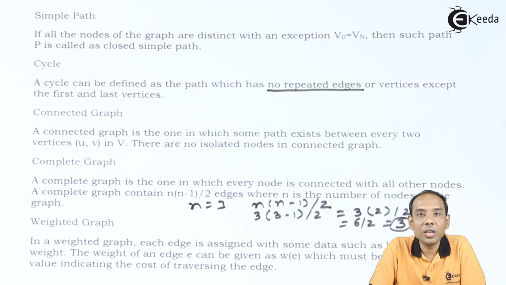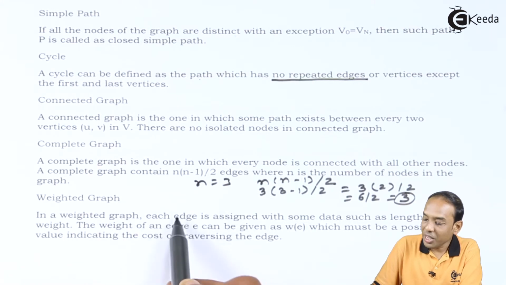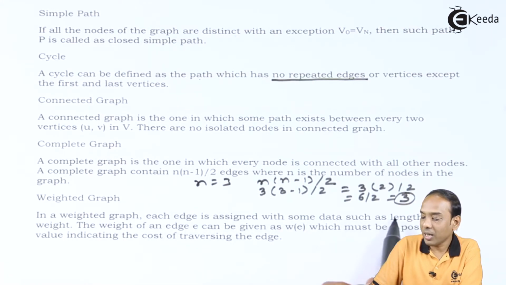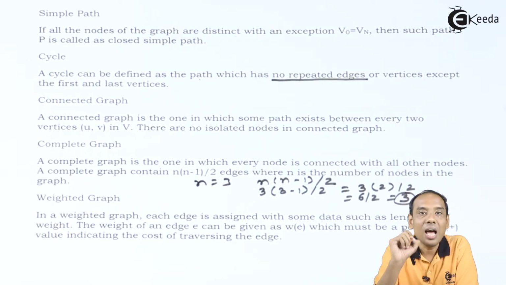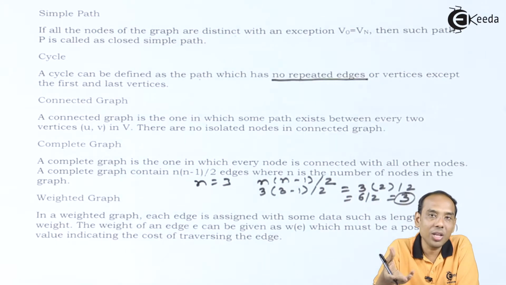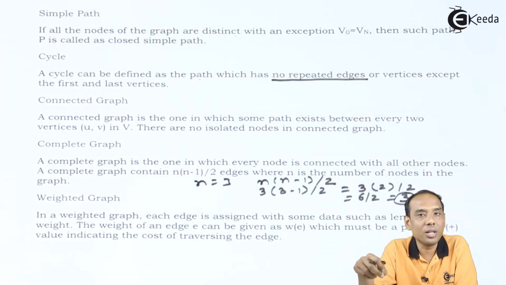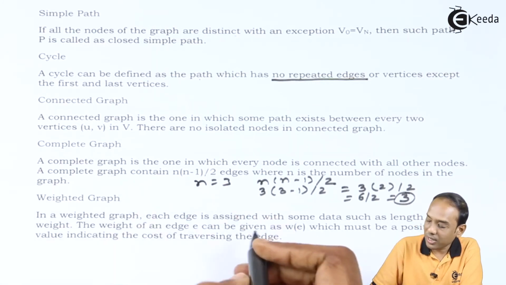Let us look at another terminology called the weighted graph. In a weighted graph, each edge is assigned some data such as length or weight. It is very important. Every edge has some weight or length. This is basically the cost of traveling from one vertex to another, or I can say from one node to another node. Let's take an example.